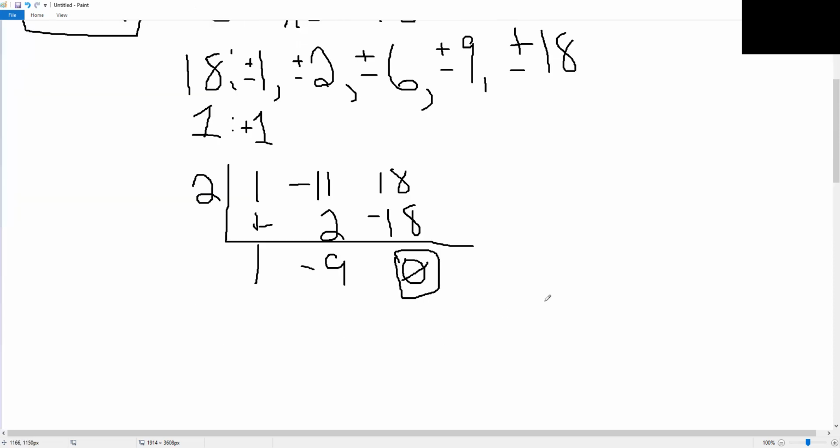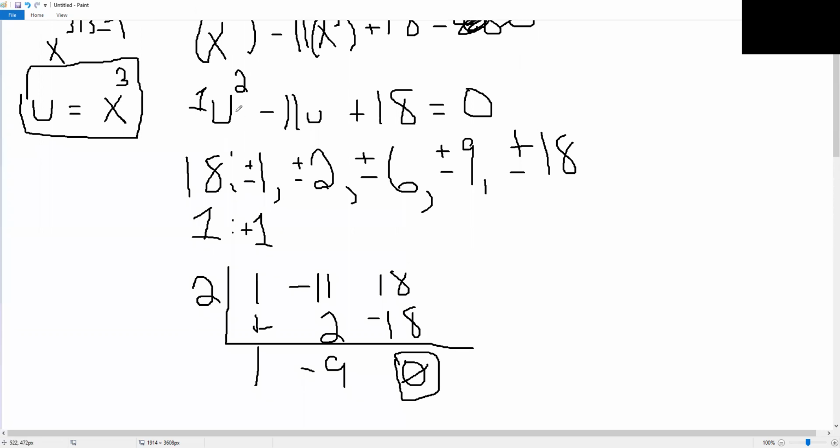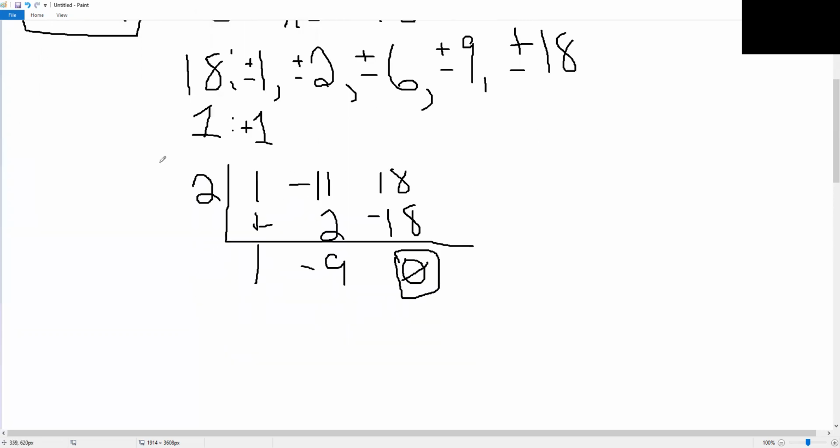So this is what we can do. We did this last chapter. We're talking about u now, not x, because u equals x cubed. Well, let me go back over this. This is u equals 2. To reverse engineer this, we can say u minus 2 equals 0, which we would write as u minus 2.